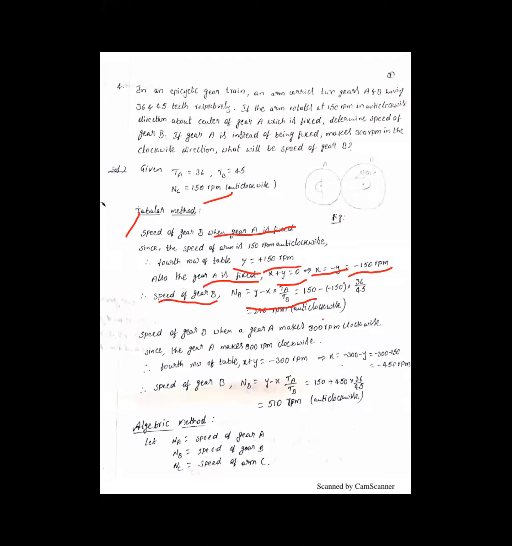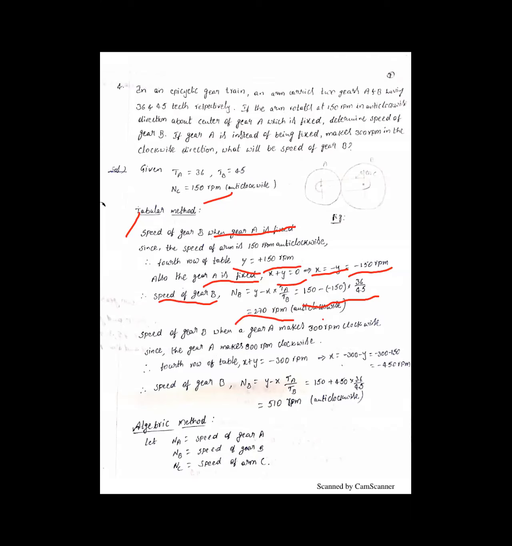We just substitute the values in our equation, make the simple calculation, and we achieve 270 RPM.